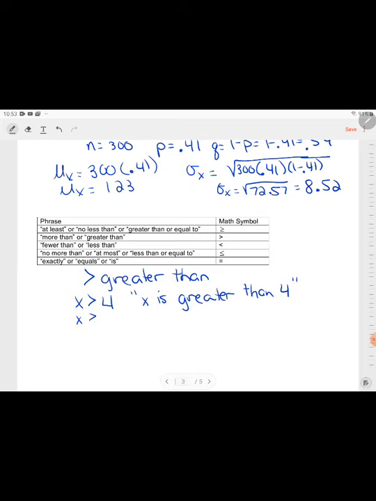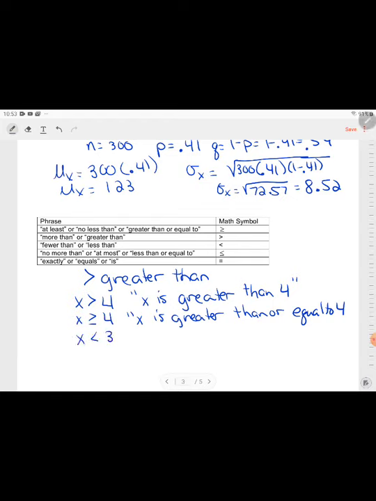If you underline the symbol, that gives you 2 things, greater than or equal to. x is greater than or equal to 4. In the first one, x greater than 4, 4 is not included. Second one, we're going to include 4.